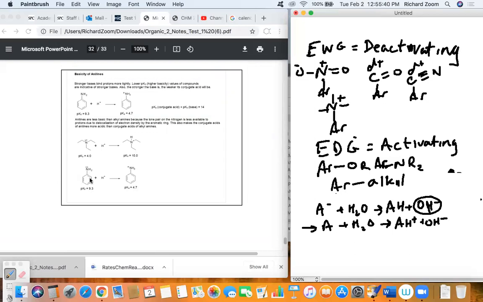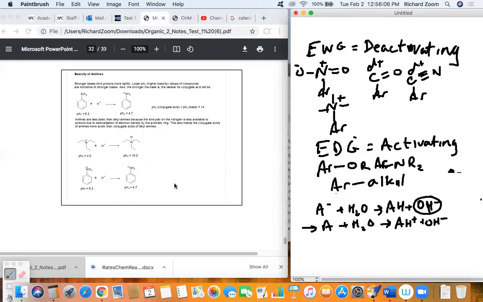But the original compound it came from is less basic, yes. But we're talking about now the conjugate acids. You've got to compare apples to apples here, Julie. So for bases, we're talking about the pKb values. That's on this side of the arrow. And once they gain the H+, then they become conjugate acids. And we can talk about pKa's for those, but that's on the right side of the arrow.